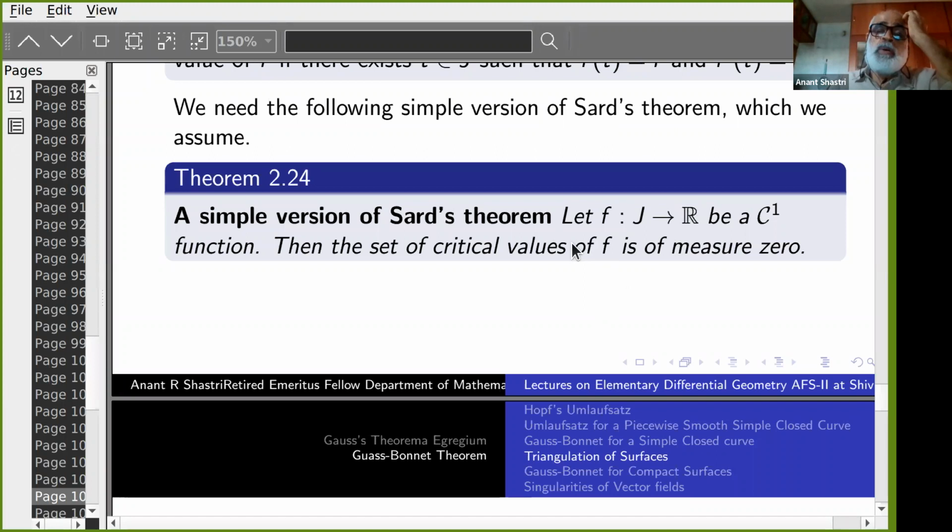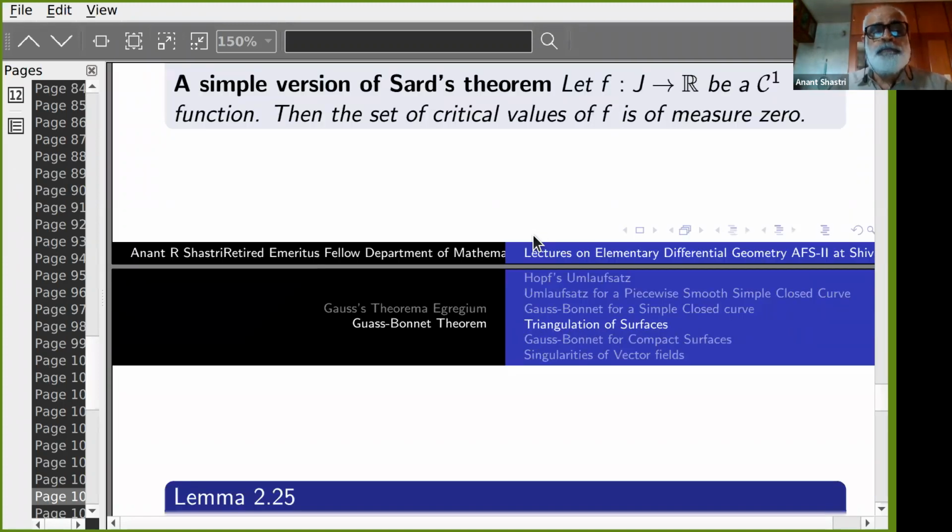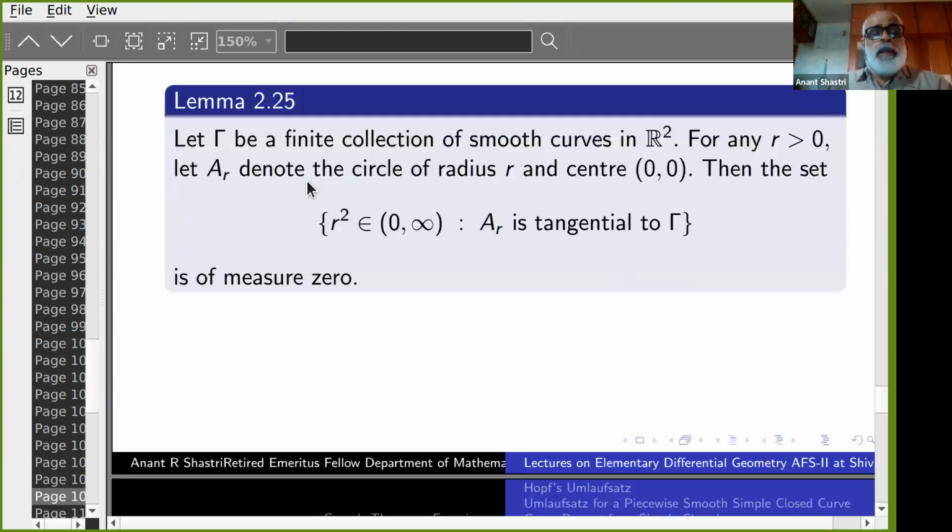Actually, in this form it is due to Morse. Sard is the one who generalized it to the more general case. But I think they worked independently, so you can call it the Morse-Sard theorem. Let gamma be a finite collection of smooth curves in R2. For any positive r, let A_r denote a circle of radius r centered at (0,0).